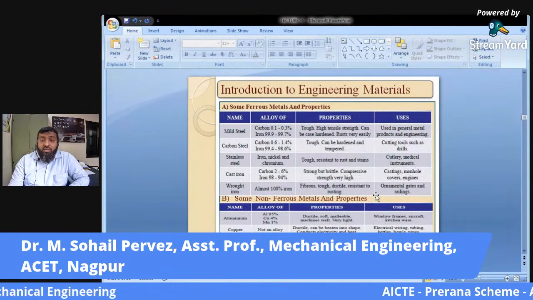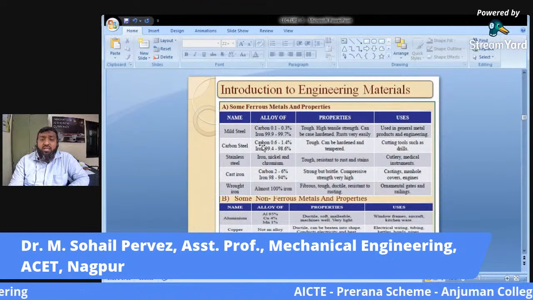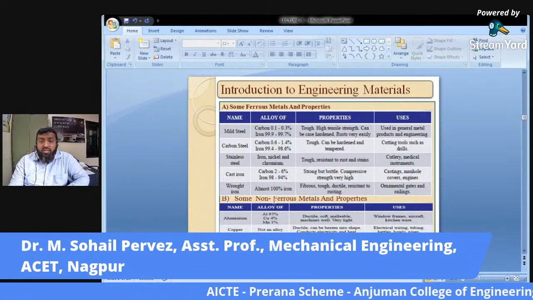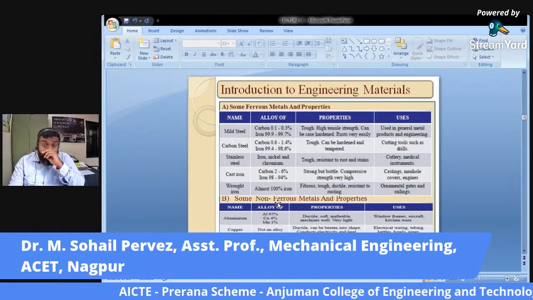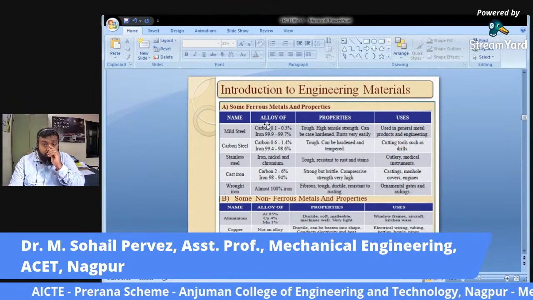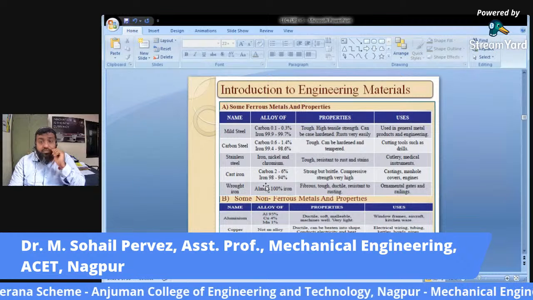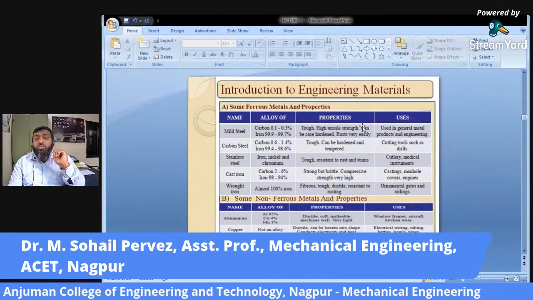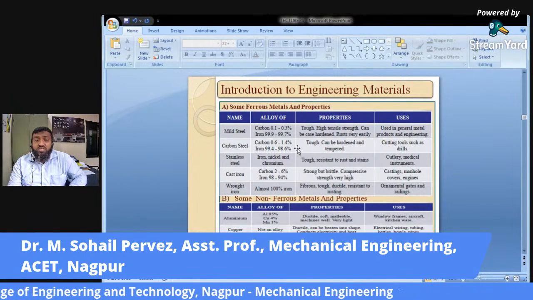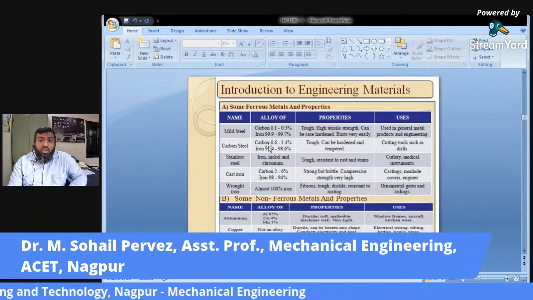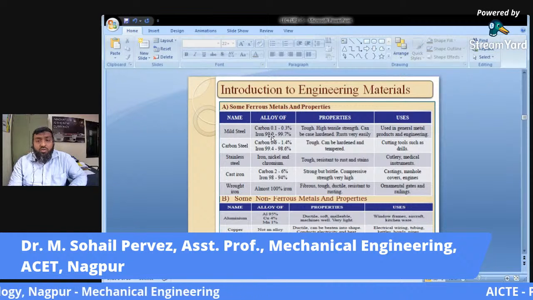Now, this is simply information regarding how the alloying is done and how to get the desirable properties out of alloying. So mild steel is an alloy of iron and, obviously, carbon.